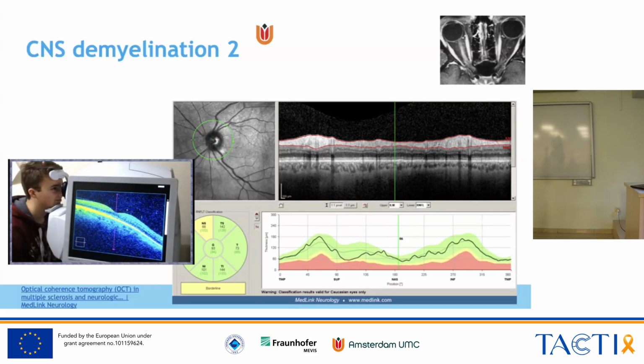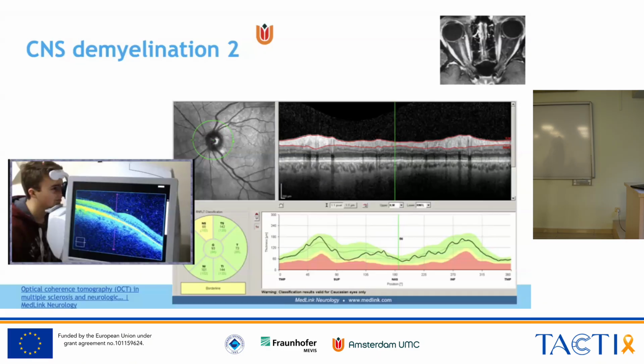Yeah, you would expect more temporal thinning, but in the OCT this is just inside the eye, so this is the retinal nerve fiber layer. This is different from what you see in the MRI. MRI shows the axons of the optic nerve, so you may see some focal atrophy or some hyperintensities due to the optic nerve insult, but in this OCT you would expect some thinning, mostly the temporal layer, in MS optic neuritis.